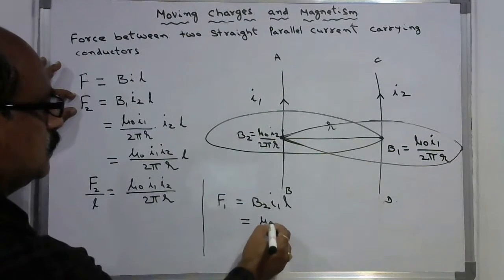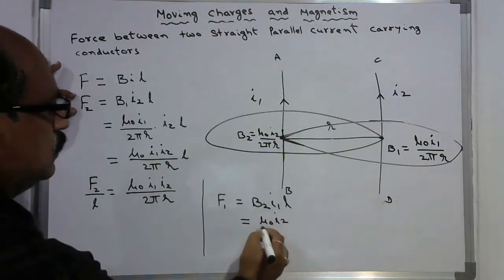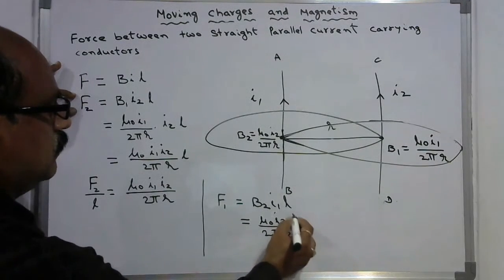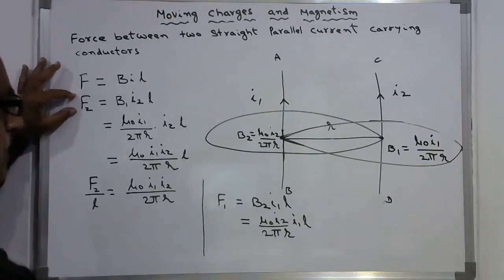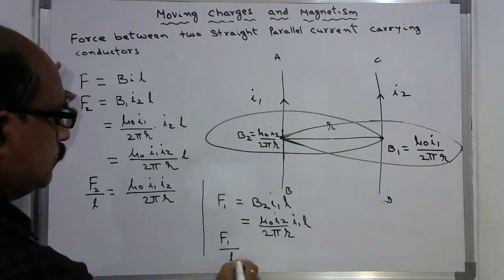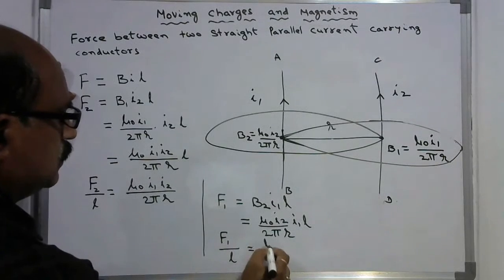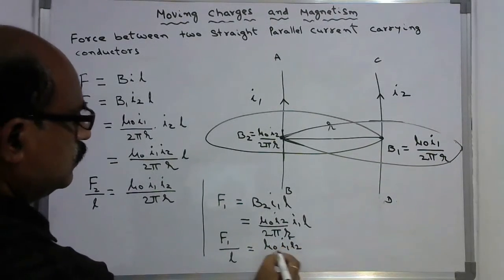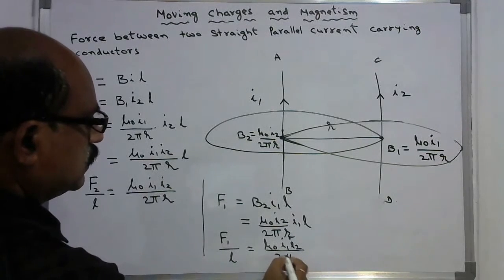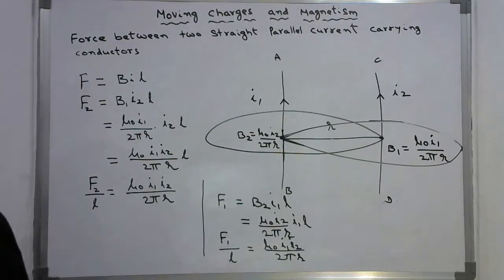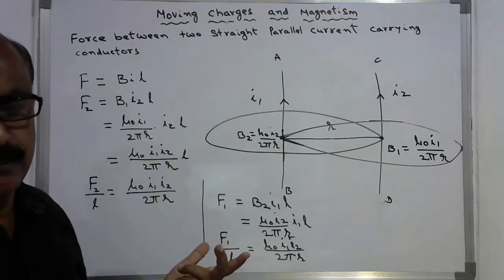Mu naught I2 by 2 pi r into I1 into L. So what is the force acting per unit length? F1 by L is equal to mu naught I1 I2 by 2 pi r. So these two forces are the same, identical.